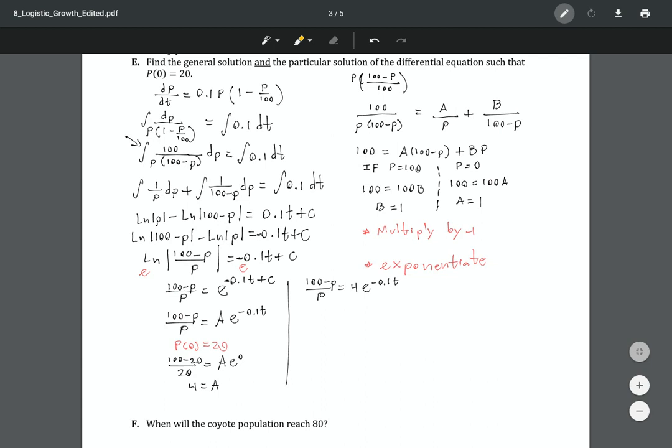All right. So again, my goal is to try to get p by itself. So don't lose track of what I'm doing. I'm going to multiply both sides by p, which is going to give me this. I'm going to add the p on the left side to the right side.